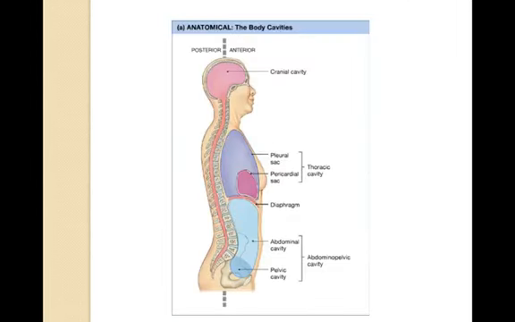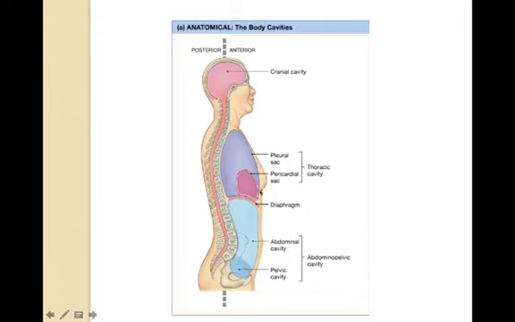If we look at this sagittal view of the human body, you can actually see that there's compartmentalization within the body cavities. You can see that there's the cranial cavity and the spinal cavity. So there's where the brain and the spinal cord are completely separate from other parts of the body, like the thoracic cavity.